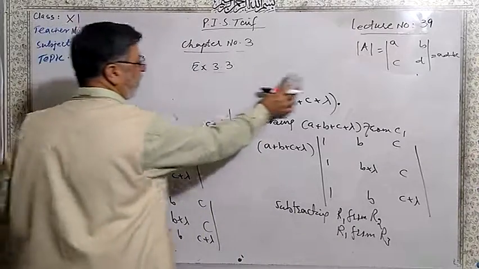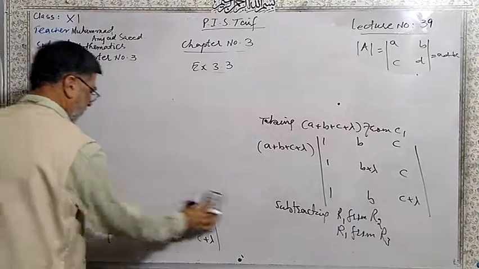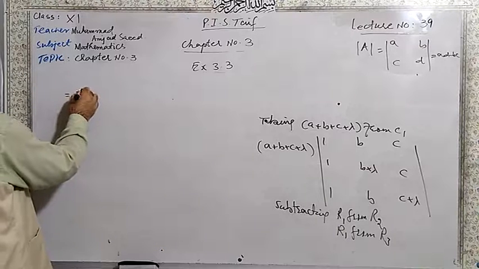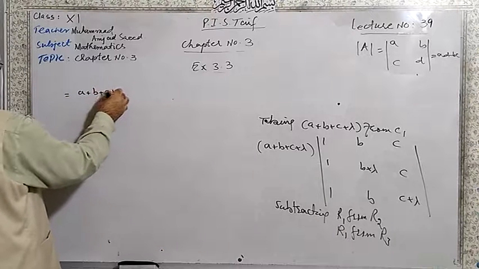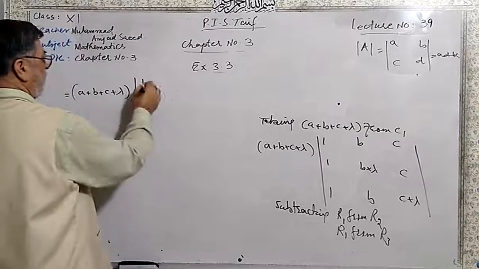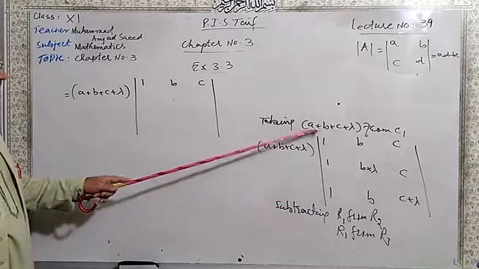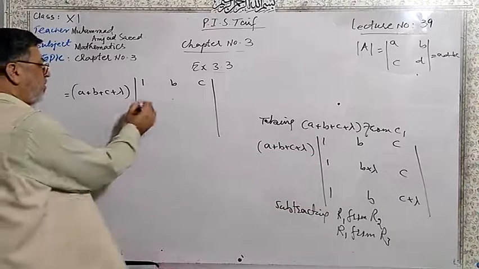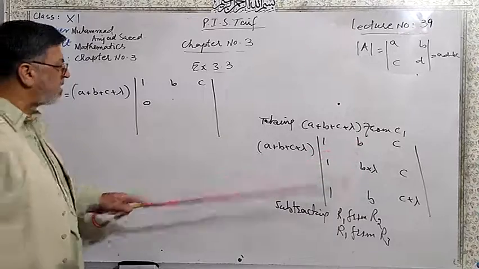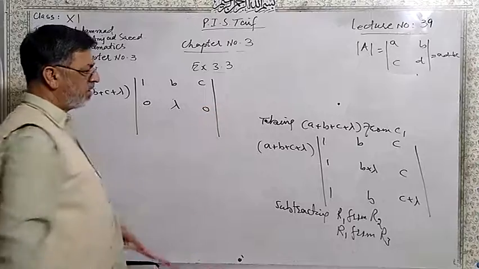Then we will have A plus B plus C plus lambda, inside 1, B and C. R2 minus R1: 1 minus 1 is 0, B plus lambda minus B, B cancelled out, lambda, C minus C is 0.